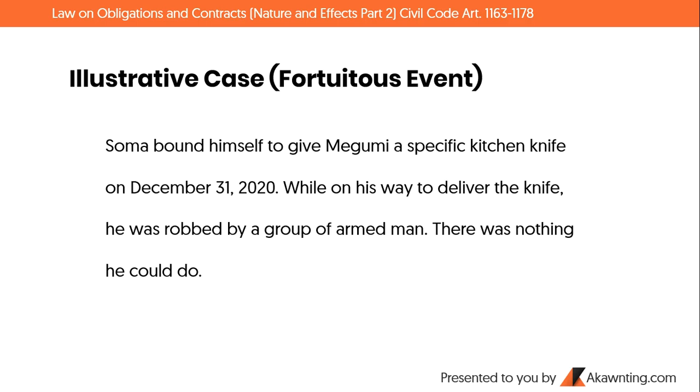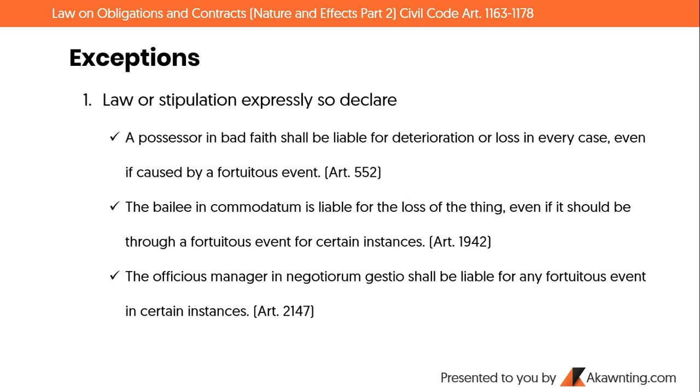At the same time, let's assume in this case that the armed men are not his accomplices. Okay, so in that case, we can consider this case as a fortuitous event. So therefore, Soma's obligation will be extinguished. Okay? So what are the exemptions, by the way?